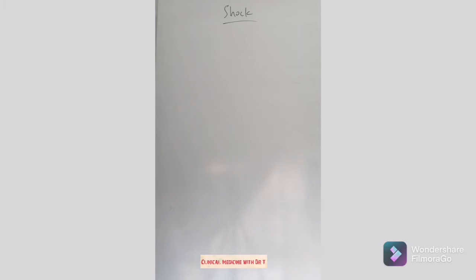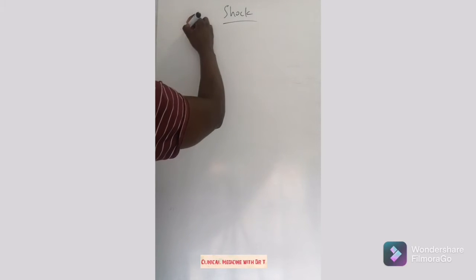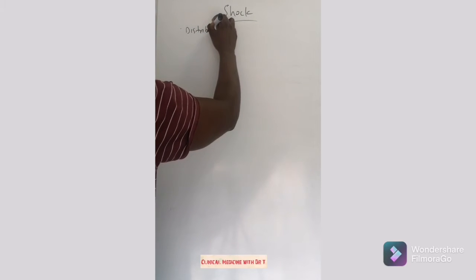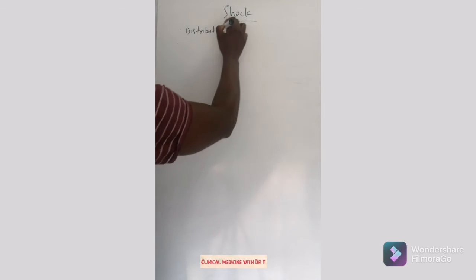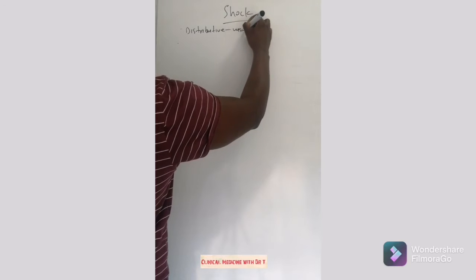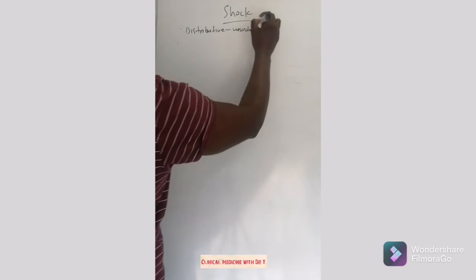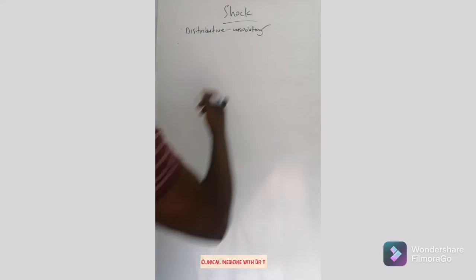And just briefly, we said that the types of shock that we've got are distributive, and under distributive we have vasodilatory. Vasodilatory shock is a kind of shock that you get when you have massive vasodilation in the body.